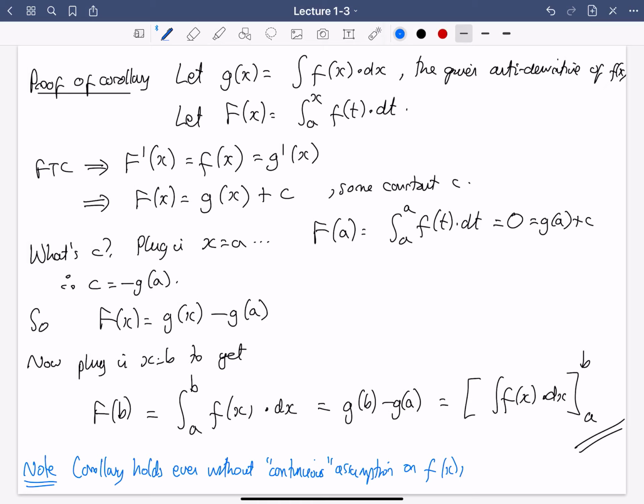You merely need integrable, but you have to be given an antiderivative for it to make sense. I've proved the corollary in a kind of cheap way using the first version of the fundamental theorem of calculus, but actually there's a slightly stronger form of this corollary where you can drop the word continuous, but that needs to be proved in a slightly different way, so I'm not going to go into that. Okay.